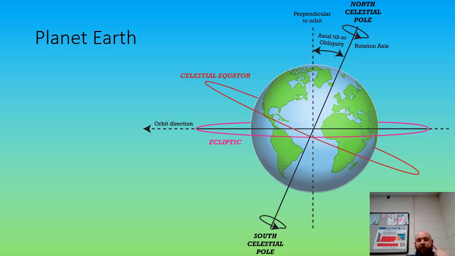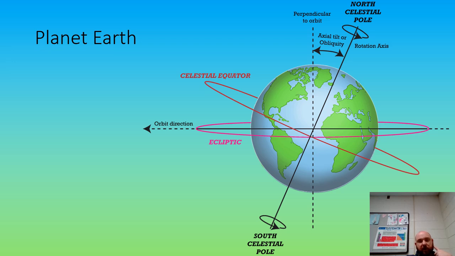Before we go further into the discussion about the Earth and its revolution around the sun, I want you to understand, you probably already do, but in case not, that on its path as it travels around the sun, the Earth does not sit neatly straight up and down. The Earth is, as we say, tilted on its axis.